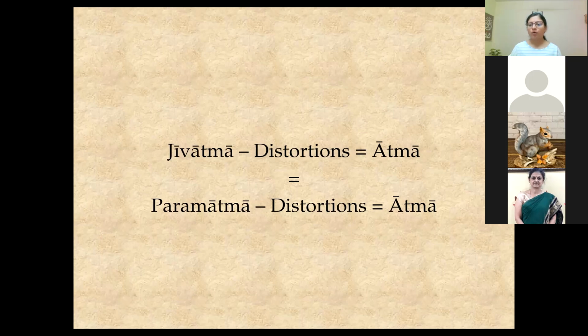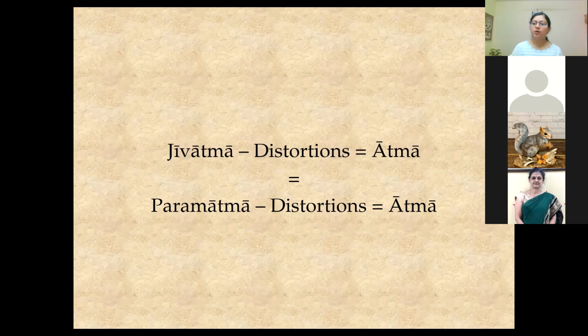But what is the understanding? From what point of view are they both the same? Wave is nothing but water. Ocean is also nothing but water. What we call wave is just a name and form, nama rupa, of water. What we call ocean is also a nama rupa, a little bigger nama rupa, we can say, of water.